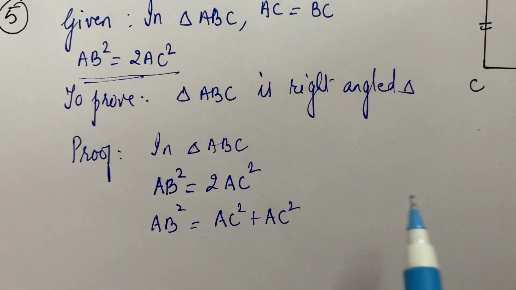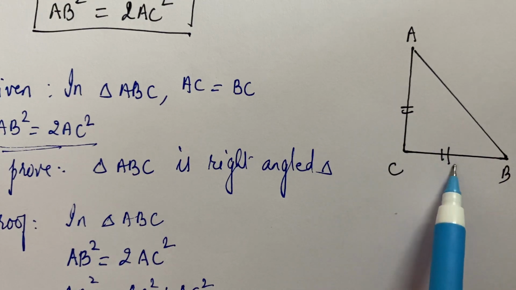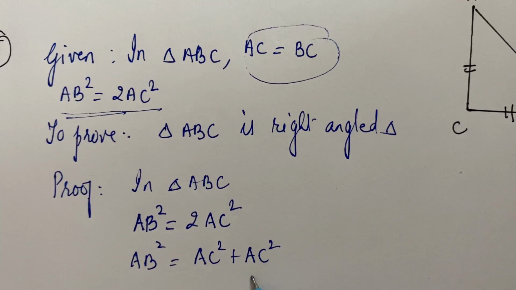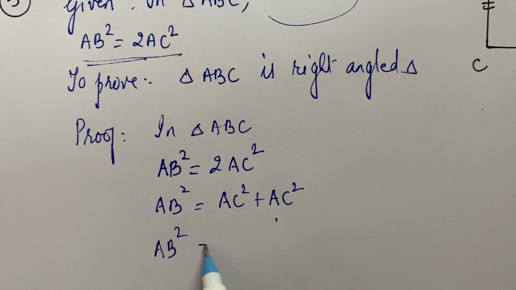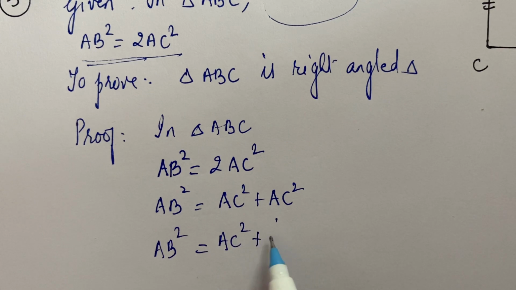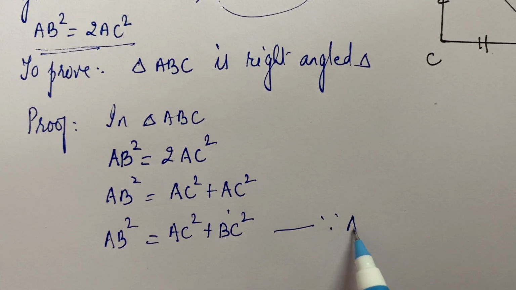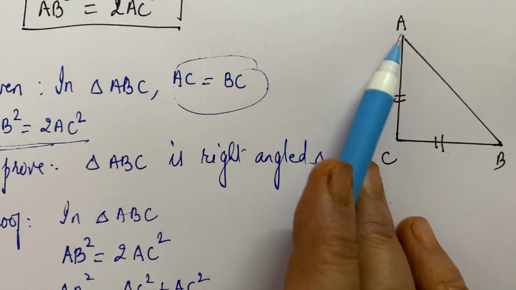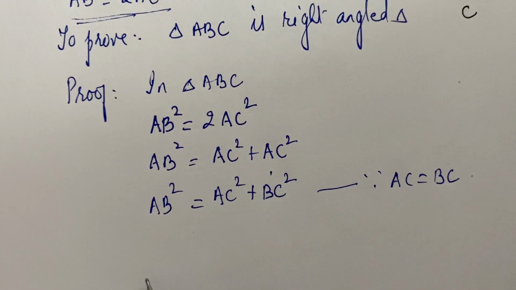We are also given that this AC is equal to BC, so in place of one AC we will write BC. So AB square is equal to AC square plus BC square, since AC is equal to BC. Triangle is an isosceles triangle. Now you see, we got AB square is equal to AC square plus BC square.